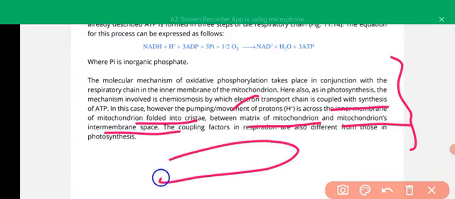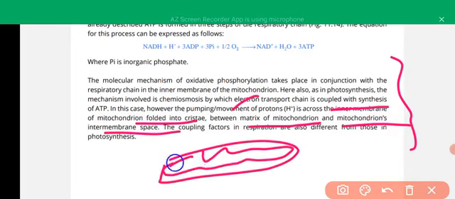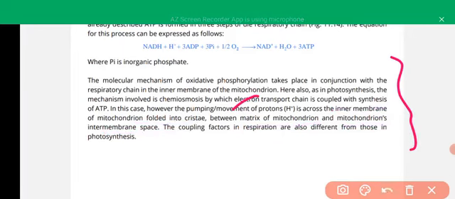Here is the matrix of mitochondria, and here are its two membranes, inner membrane and outer membrane. Here is coupling across the inner membrane of mitochondrion.